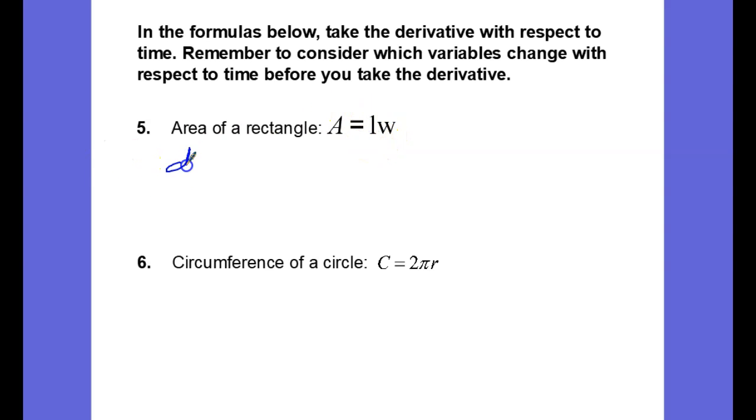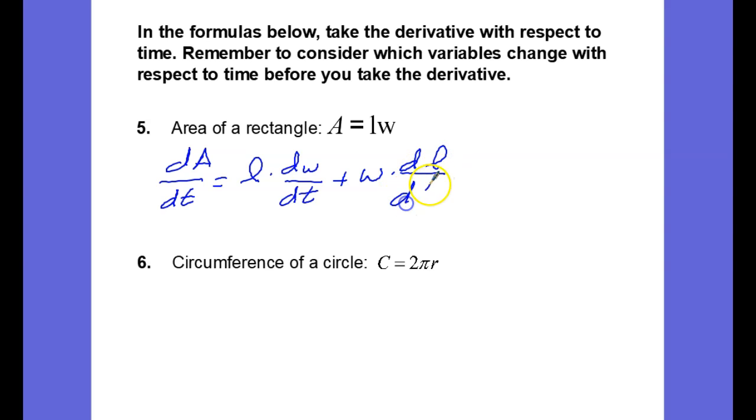So we have dA/dt is equal to the first, L, times the derivative of the second, dW/dt, plus the second, W, times the derivative of the first, dL/dt.